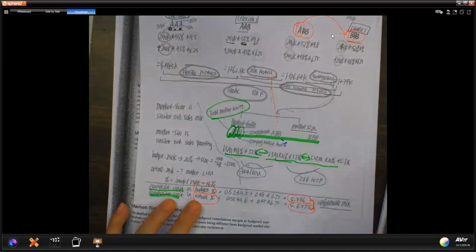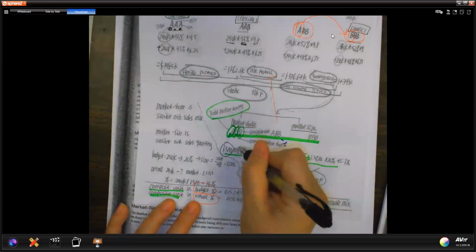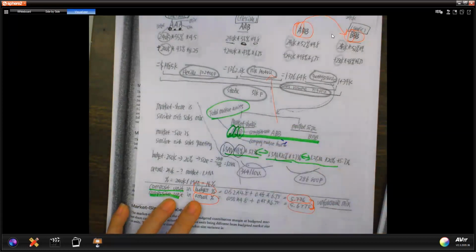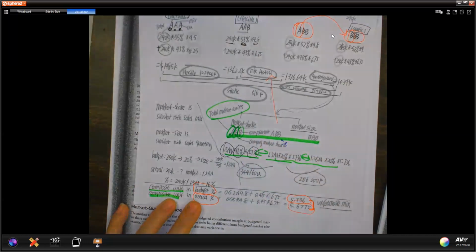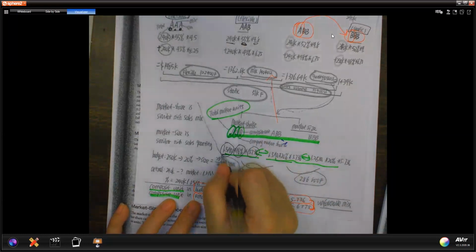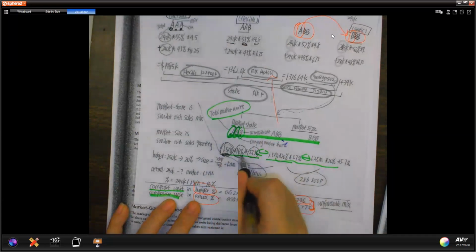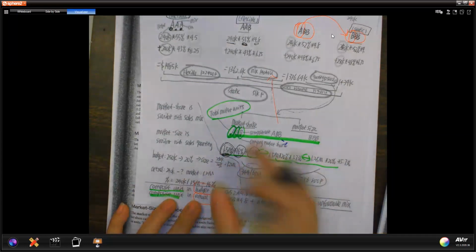So we use the total market size times your company market share times your company contribution margin. As the textbook, or 14-28, tells you, most likely they will tell you the market size is this much, and then maybe your percentage is this. Sorry, I used the question to do the calculation, sorry about that.